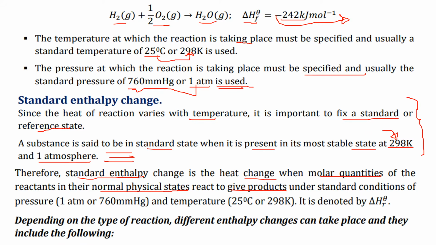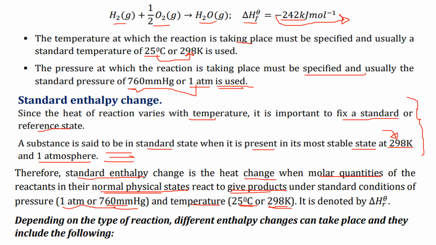Those standard conditions are 1 atmosphere, which is equivalent to 760 millimeters of mercury, and a temperature of either 25 degrees Celsius or 298 Kelvin. So standard enthalpy change is the heat change when molar quantities of reactants in their normal physical states react to give products under standard conditions of 1 atmosphere and 298 Kelvin.